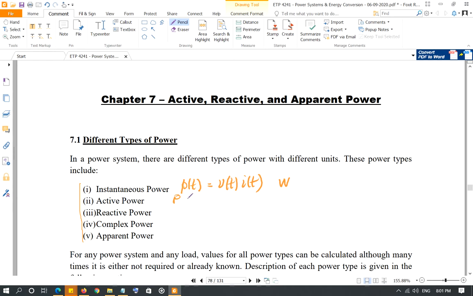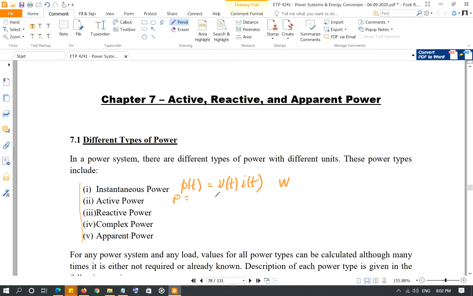And since it is the average power, basically what we do here, we calculate the average of the instantaneous power. Now whenever you're calculating average of any waveform, remember, voltage is a periodic function of time and current is also a periodic function of time, and of course our voltage and current, they are sinusoidal functions of time. So instantaneous power is also a periodic function of time.